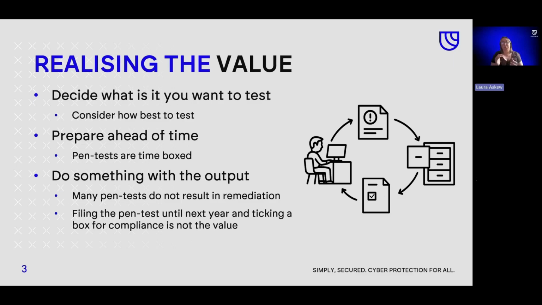Is it if we have a compromise, where can a user in a given department get to? Is it actually we want to know that our SOC services, our third parties are all going to respond as we would expect them to if there's something detected on the network. So there's lots of different things that you could be testing. It's not just the technical, let's get a list of vulnerabilities and how they can be chained together.